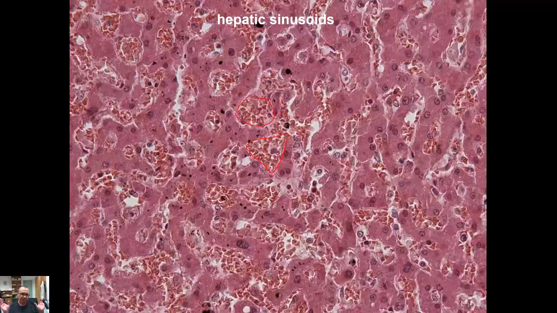Blood is flowing through not only hepatic but all sinusoids very slowly, and the wall of the sinusoids is composed of very reduced endothelium. The endothelial cells are present here, but they are not well joined by intercellular junctions. They are not supported by a continuous basal lamina.